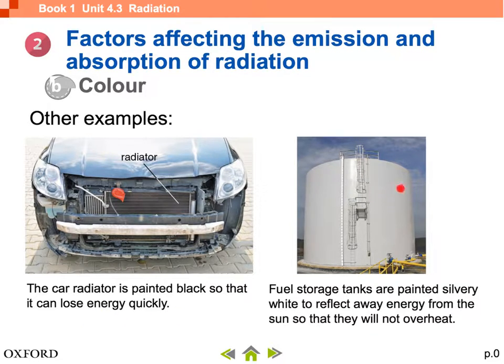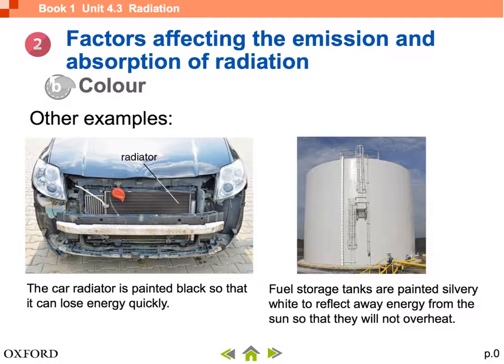When we look at the other pictures, the storage tank is painted silvery or white. The reason is we don't want a great change of temperature inside the tank, because if the temperature is too high, the fuel may get burnt and it may cause fires.